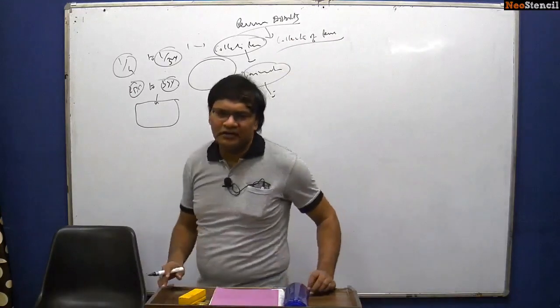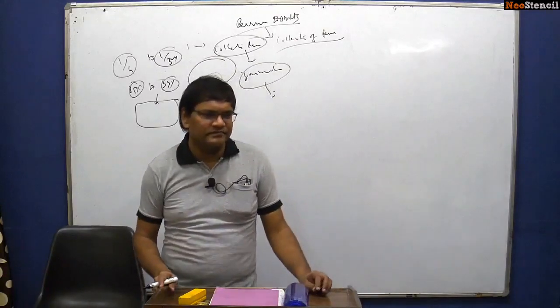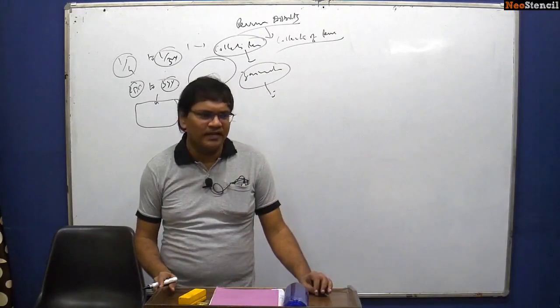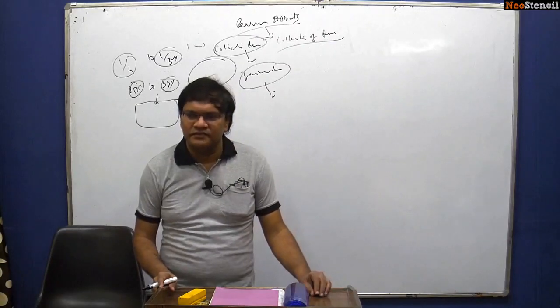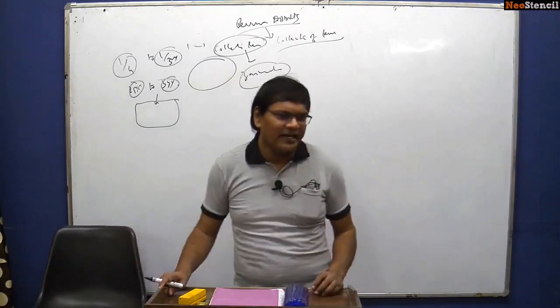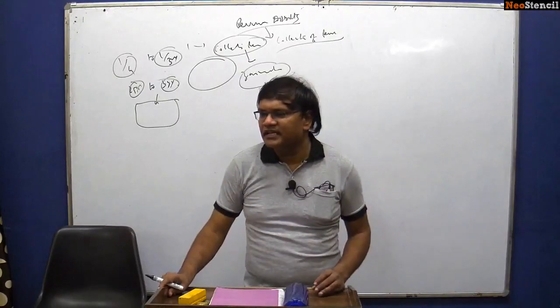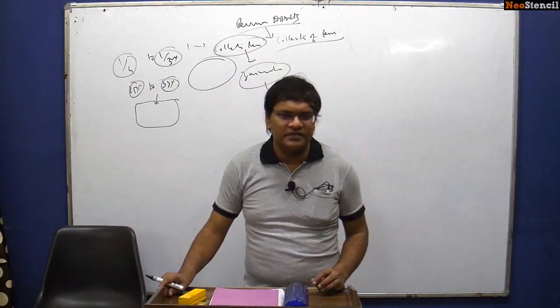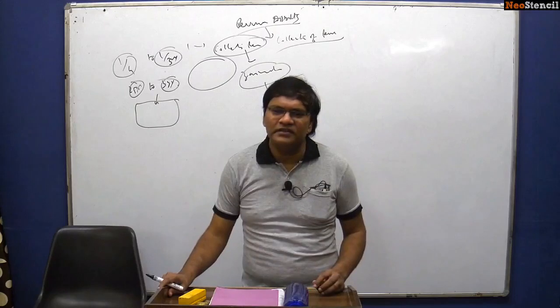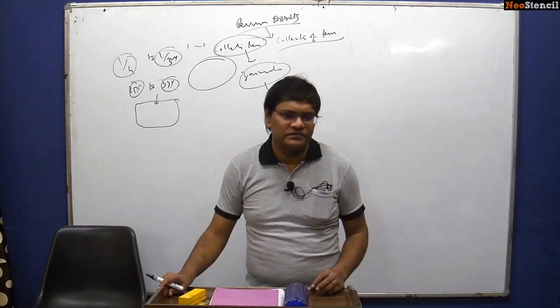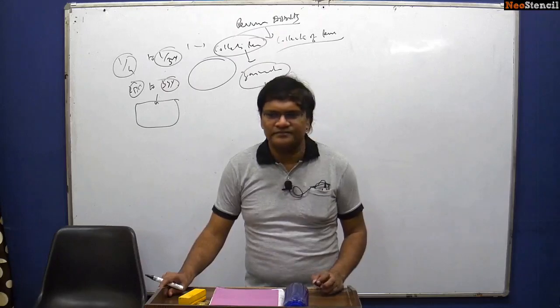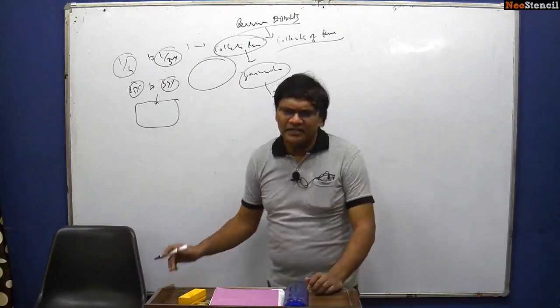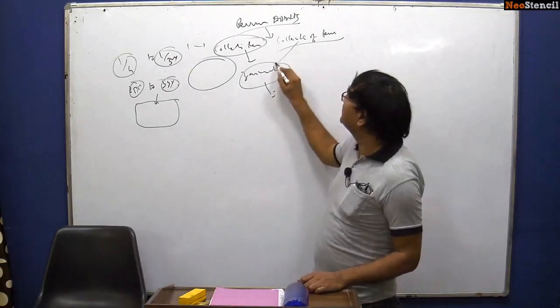What we call at present the district collector. The office of district collector had its origins in the East India Company. Collector means collector of revenue. And this district collector would appoint jamindars.